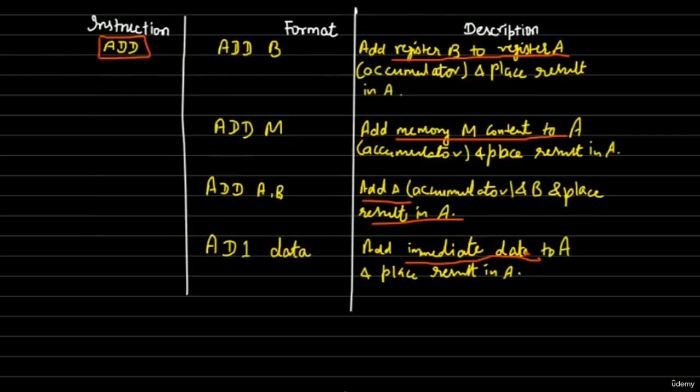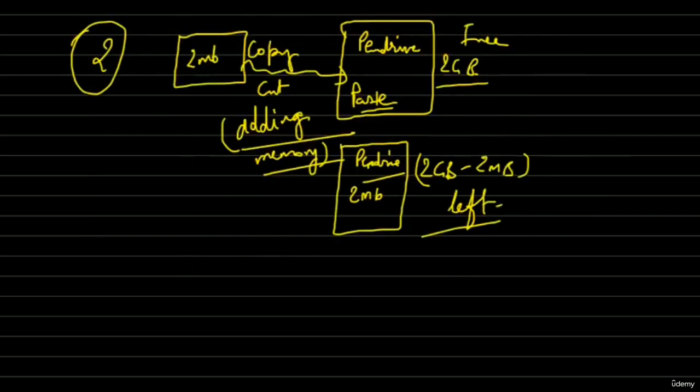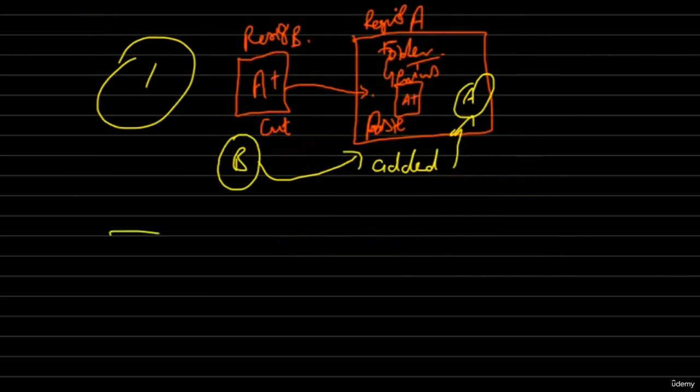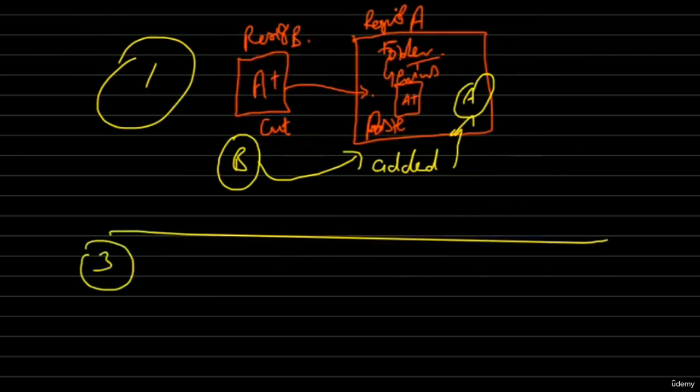Now let's study the third one, the operation that we have seen so many times. In programming languages, we write A plus B, where A is equal to 3 and B is equal to 5. So A gets updated with 3 plus 5.